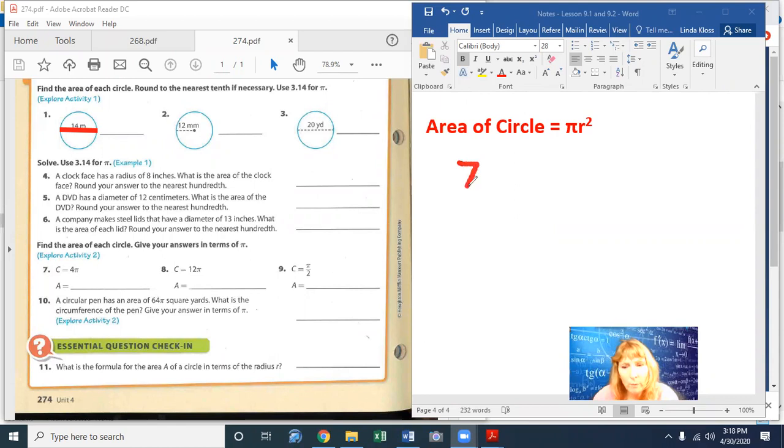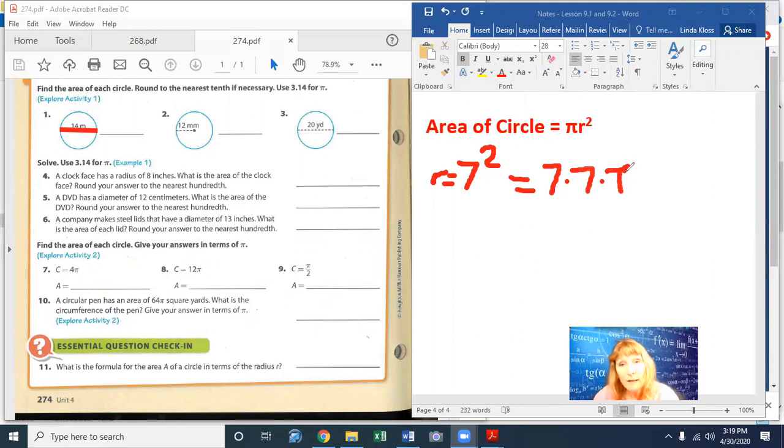Now this is where a lot of people mess up. Don't forget it's r squared. So the radius is equal to 7, half of the diameter, but in the formula up here, it's r squared. So you have to square it. Don't add it back together and make it 14 again. 7 squared is 7 times 7, times pi, right?